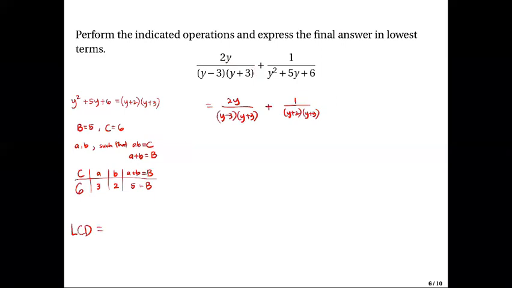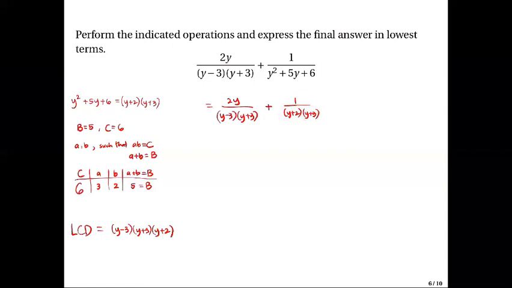So we see these factors, y minus 3, y plus 3. Here you have y plus 2 and y plus 3. So the factors are y minus 3, y plus 3, and y plus 2.